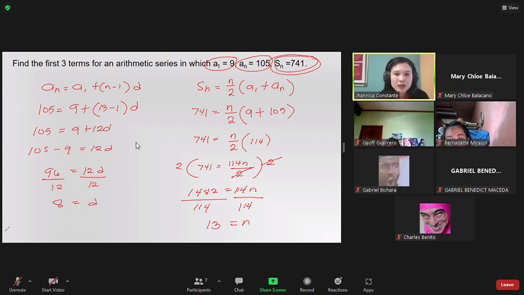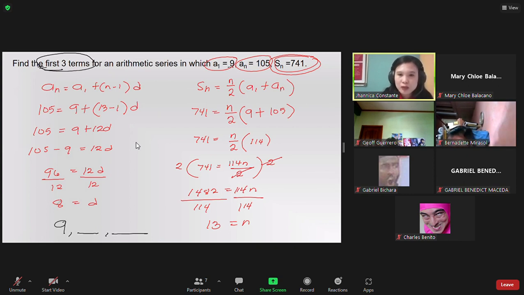So since meron na tayong common difference, we can now find the first three terms of our sequence. Since hinahanap yung first three terms and the first term is already given, hinahanap na lang natin kung anong susunod na terms sa 9.